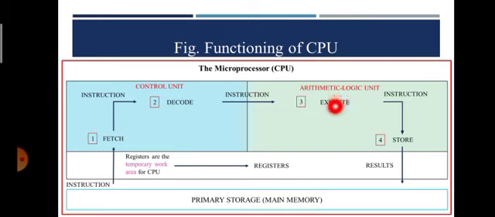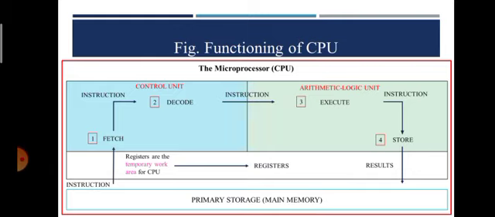Once it has reached the arithmetic logic unit, what is the function of this ALU? The ALU performs all the arithmetical and logical functions as instructed by the process. Then it will execute all these things.